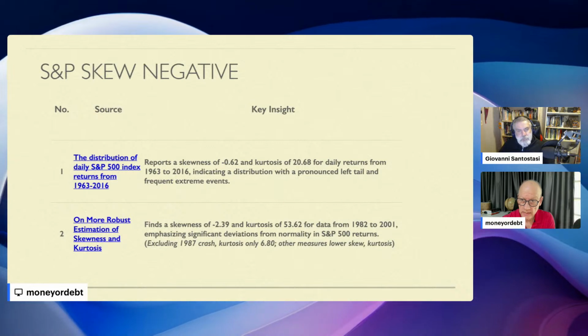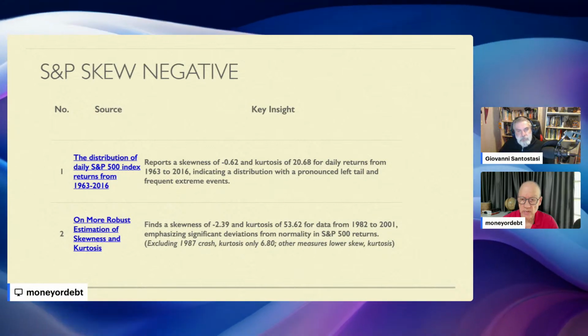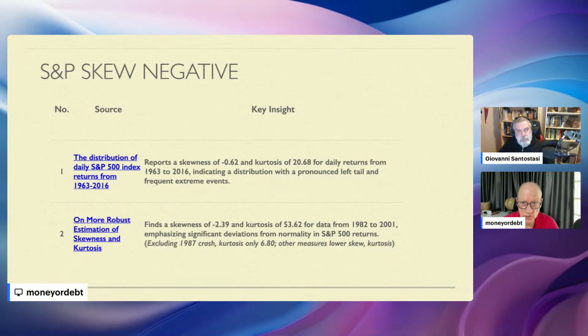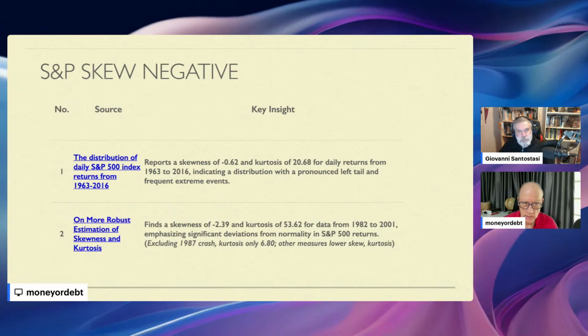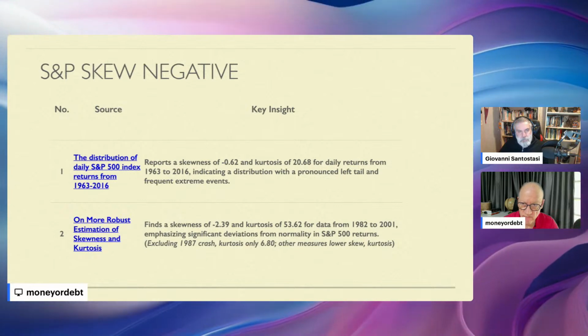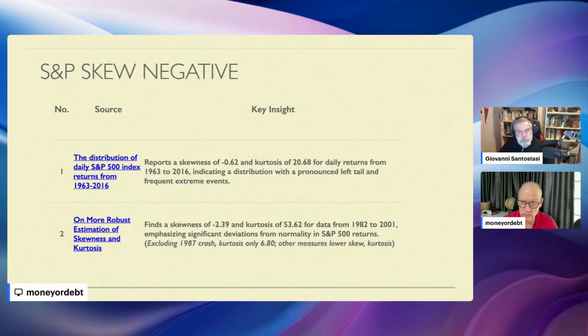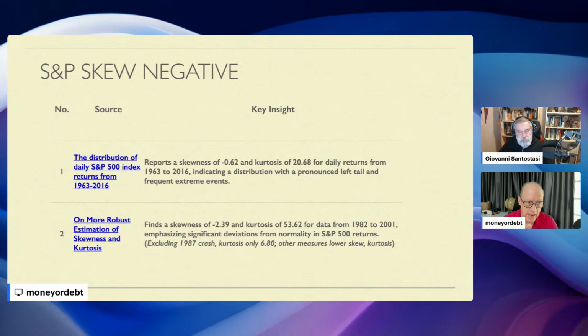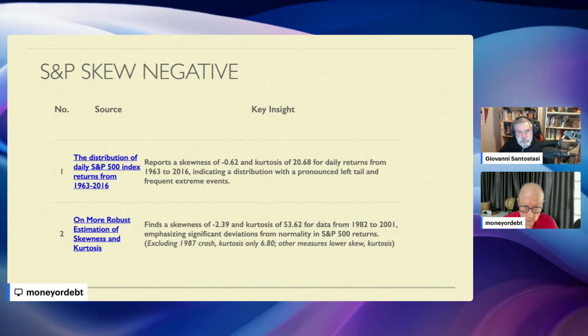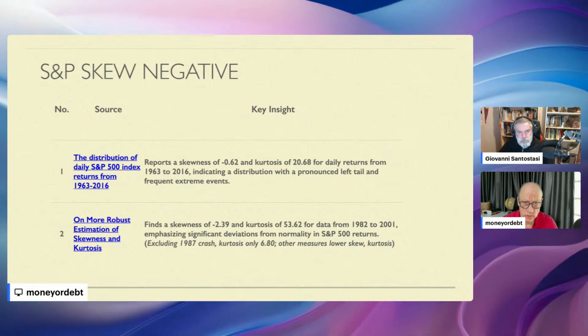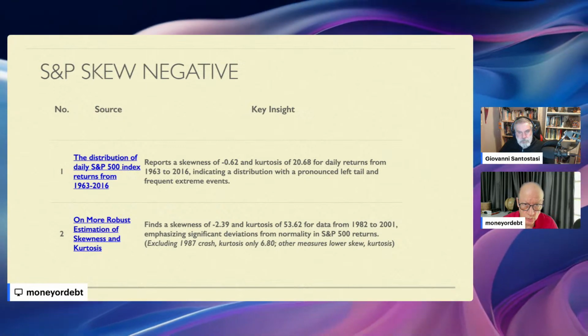Interesting. Okay, now here are a couple of traditional sources on the S&P 500 over long periods of time. And these are time frames. In the first case, that's 50 years. And in the second case, ran for 20 years. They find different values, but they both find a negative skew.